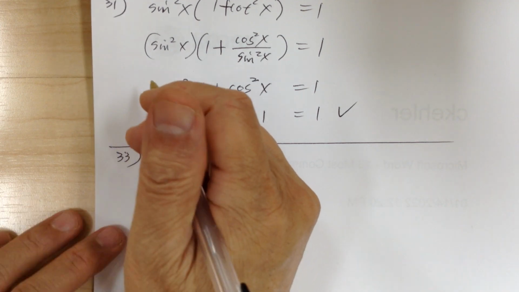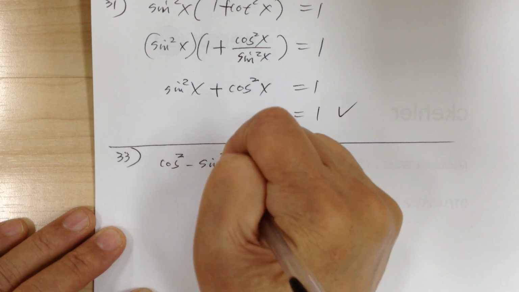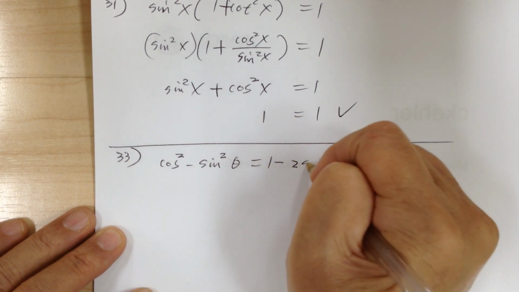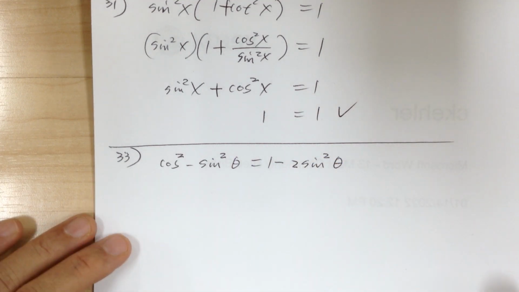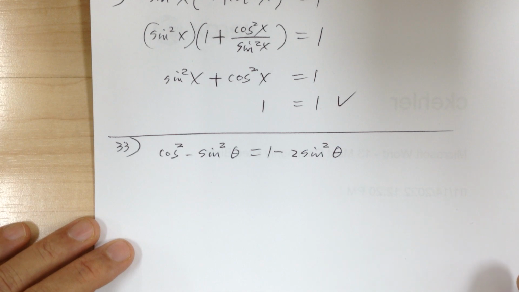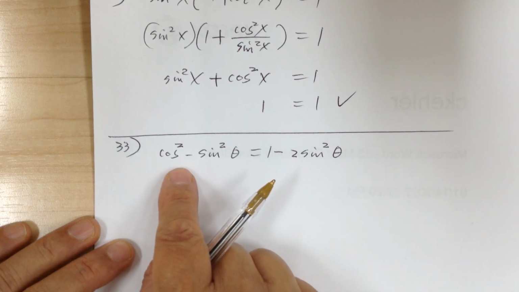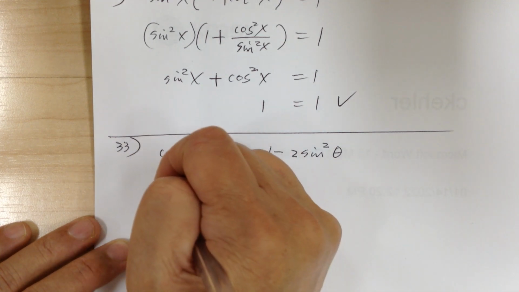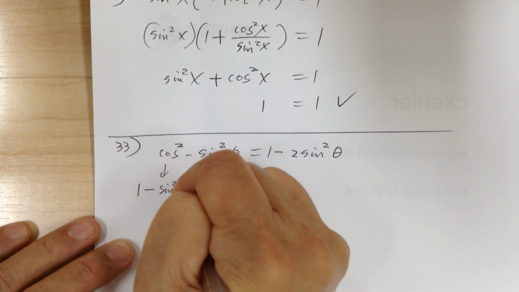Okay, 33. You've got cosine square theta minus sine square theta equal to 1 minus 2 sine square theta. Let's simplify this part over here. Since you want to convert it into sine, convert cosine square to 1 minus sine square, right?